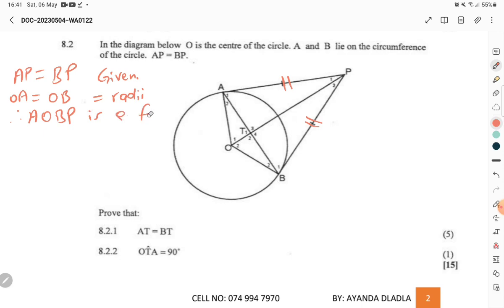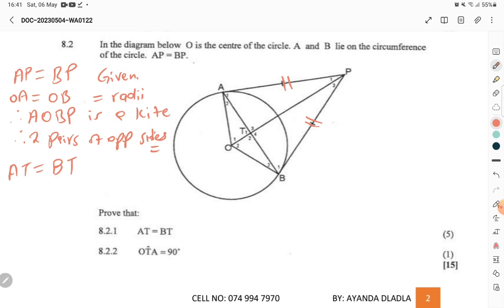This was not given. We were not given this. This is the kite. Then the reason is that two pairs of adjacent sides are equal, right? Now, once that happens, we know that AT is equal to BT.